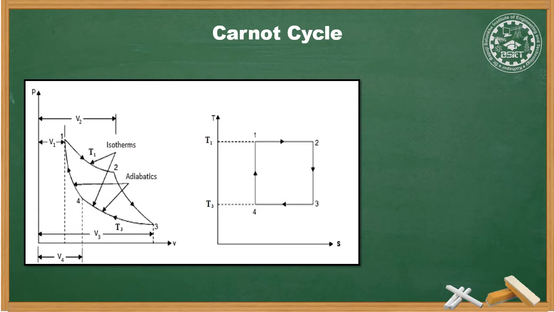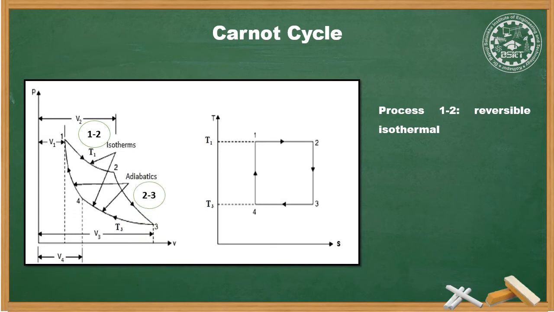There are four processes in the Carnot cycle. Each process has a different meaning and works differently. Number 1 is process 1-2, and it is reversible isothermal, that is, at constant temperature. During this, air is expanded and heat addition takes place at temperature T1.